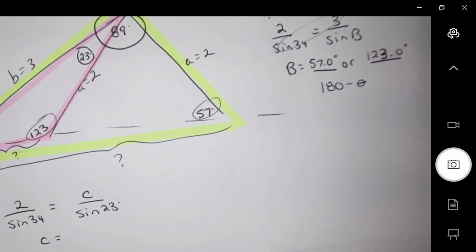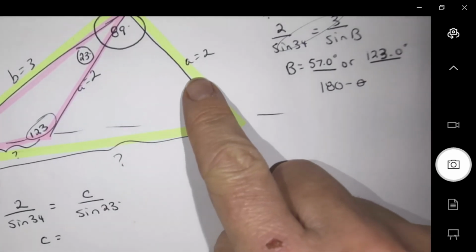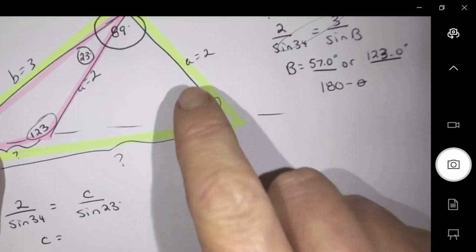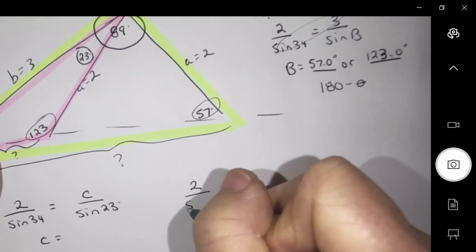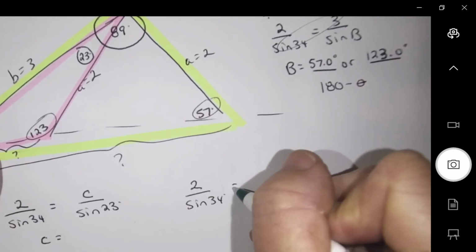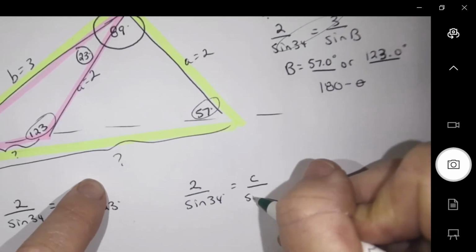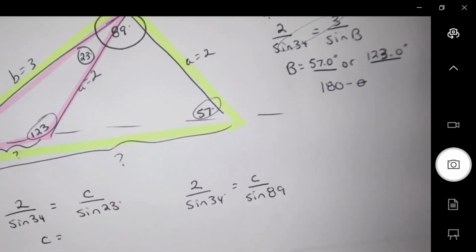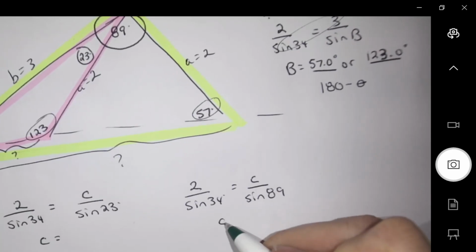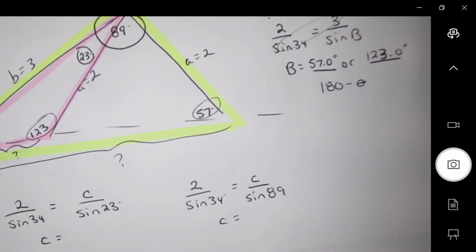You can figure that out. And then the other one in the yellow triangle, you have 2 and 34. You can do that again. And now you're across from 89 degrees on the top there. So can you get me the two side lengths by timesing and dividing?